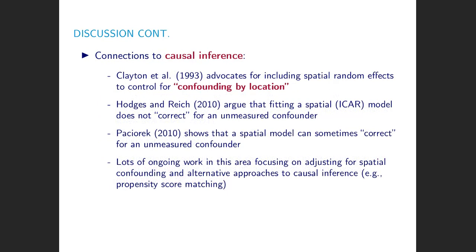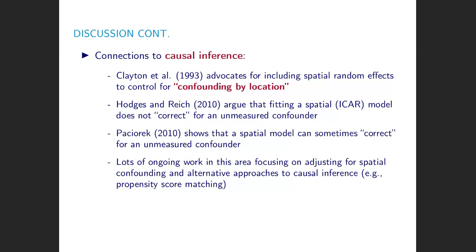Lastly, I just wanted to mention that there are some important connections between this work and causal inference. As I mentioned, one of the first introductions of the phrase confounding in the spatial statistics literature is this issue of confounding by location.